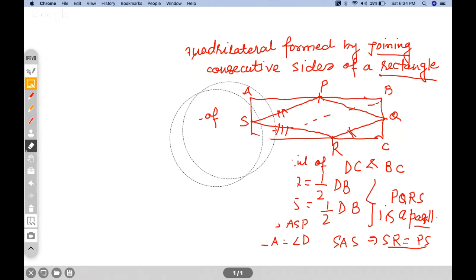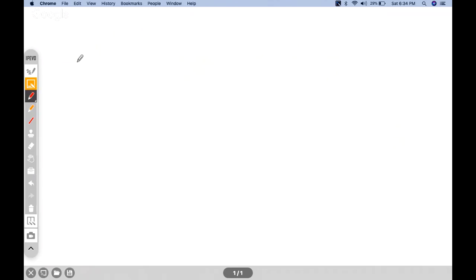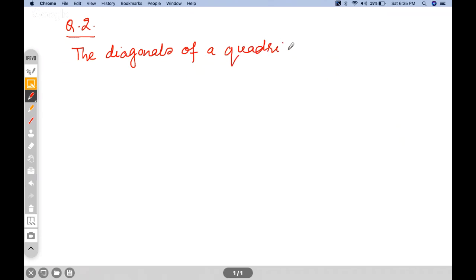Write down the next question. The next question is, the diagonals of a quadrilateral ABCD are perpendicular.